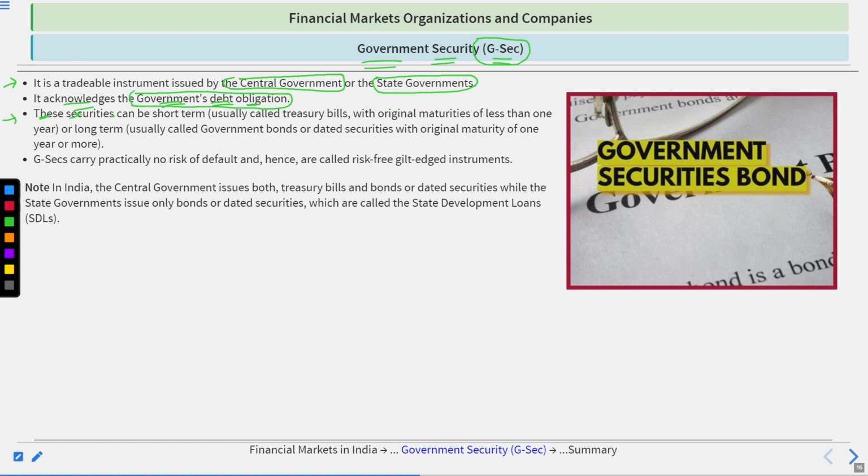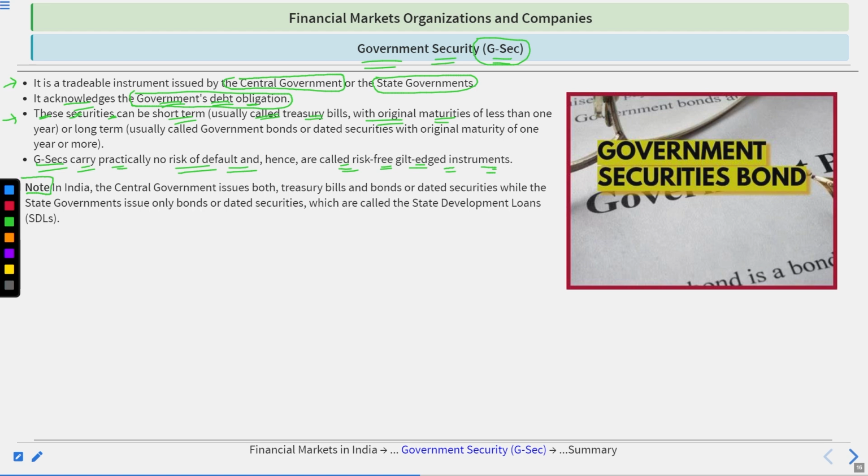These securities could be short-term, usually called treasury bills, with original maturities of less than 1 year, or long-term, usually called government bonds or dated securities, with original maturity of 1 year or more. G-Secs carry practically no risk of default and hence are called risk-free gilt-edged instruments.